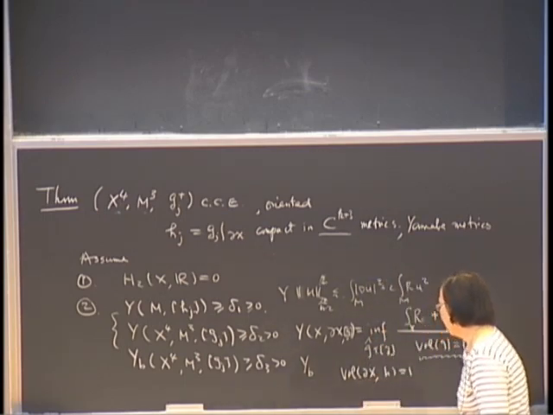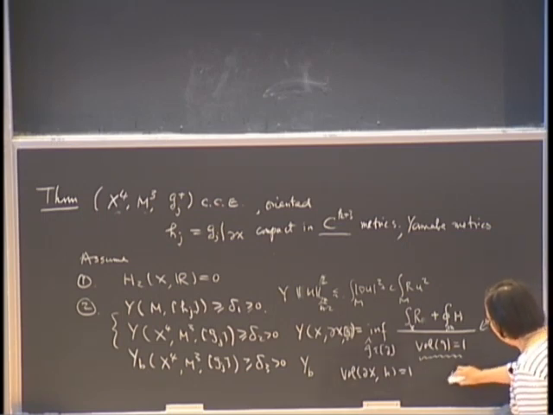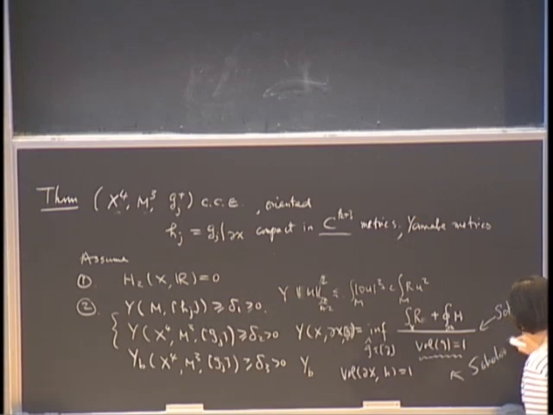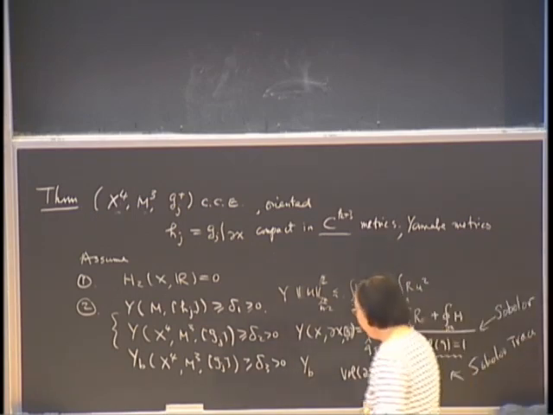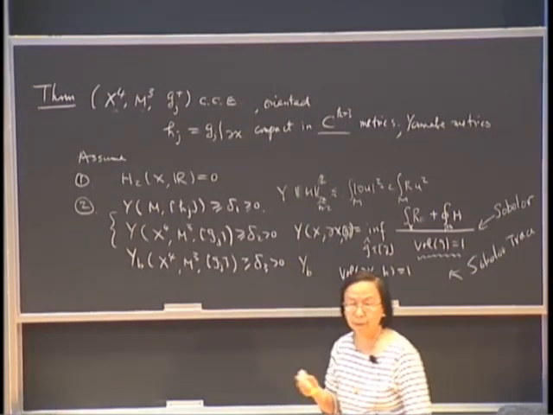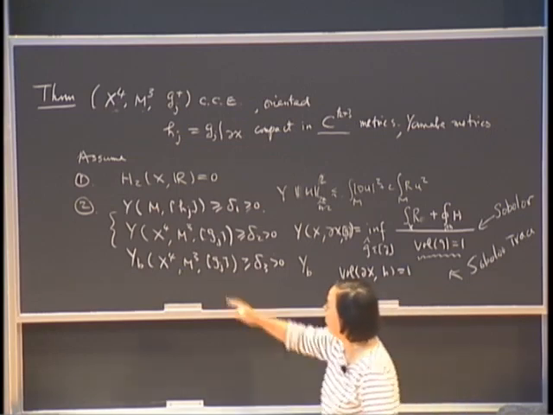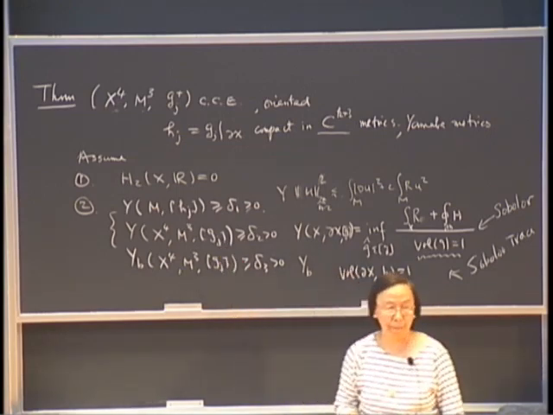Normalize this. So this provides a Sobolev inequality, and this is the Sobolev trace inequality. Okay. And now, what I really hope is these are enough conditions to say there exists a representative in a conformal class of Gj, which is compact.